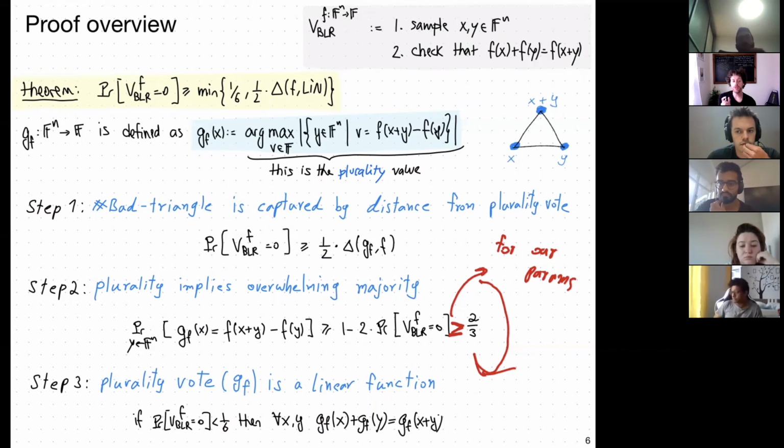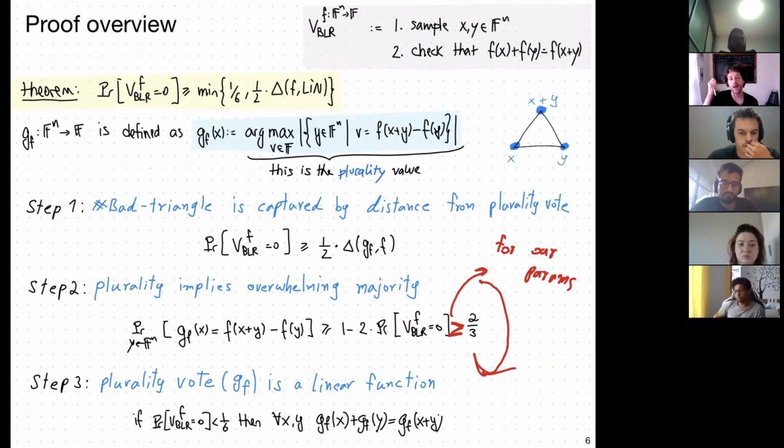No, I need to show that g_f is a linear function. And then I'm showing that there exists one linear function from which... okay, maybe I said it in a confusing way. I mean, we want to say that the probability of rejection is larger than the distance of f from all linear functions.